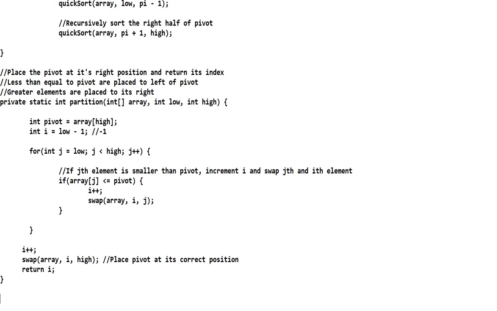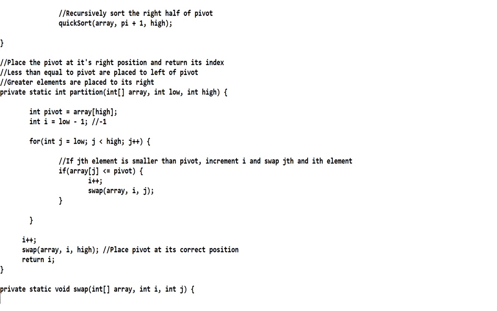We also need to write our swap method, which is just swapping two elements of the array. The swap method will take an integer array, integer i, and integer j, the two indexes that we are going to swap.